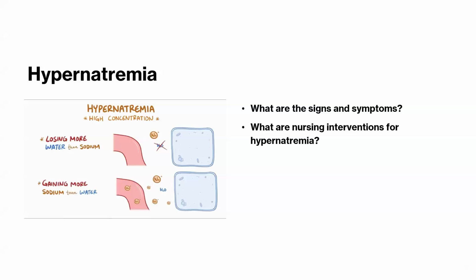It will try to secrete ADH when it needs to hold on to fluid and increase our fluid levels. Our patients will have dry, sticky tongues and mucous membranes. They may have dry, flushed skin. They will have presence or absence of edema, depending on whether it's fluid volume overload or fluid volume loss. So we need to remember which one we're seeing.